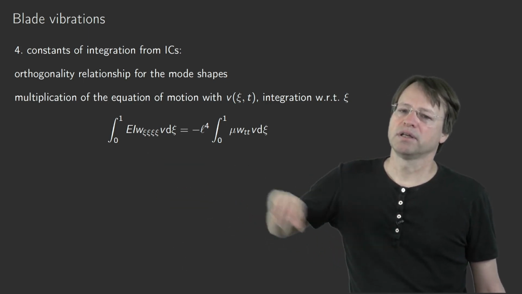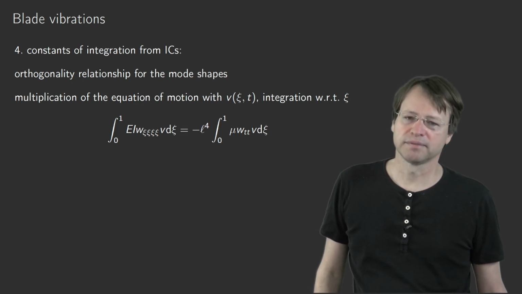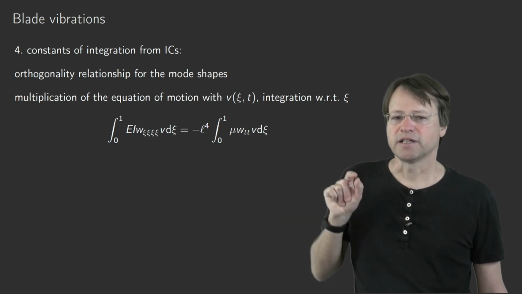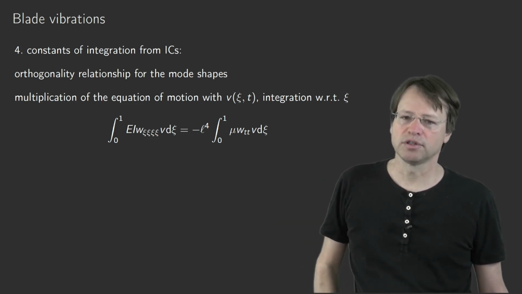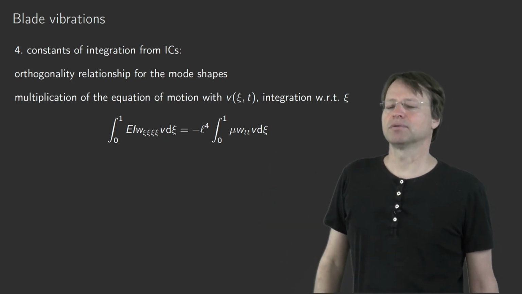For the lower boundary, this would be the case if v satisfies at least the geometric boundary conditions, so at least the boundary conditions at psi equal to 0.